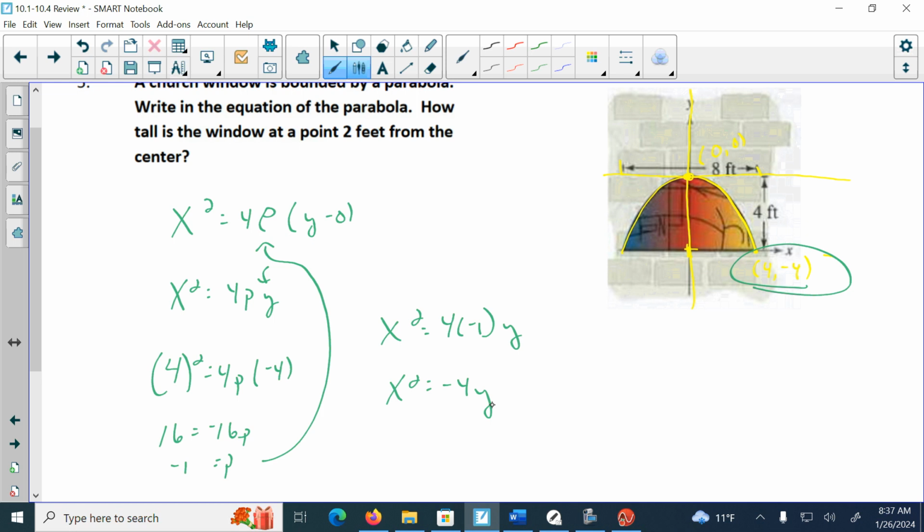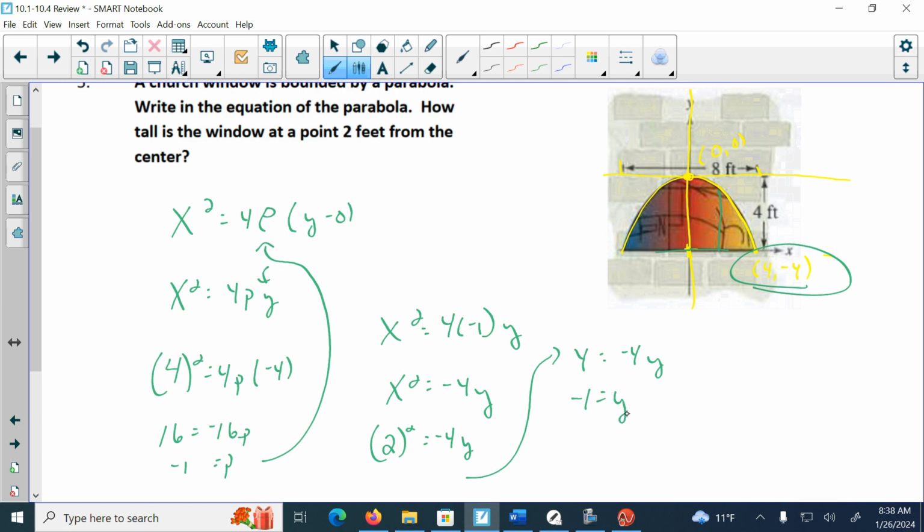Then it says, how tall is the window at a point 2 feet from the center? How tall means I'm looking for y. I can go 2 feet either way, and it doesn't matter because I'm going to square it. So 2 squared is equal to negative 4y, so 4 is equal to negative 4y, so negative 1 is equal to y.